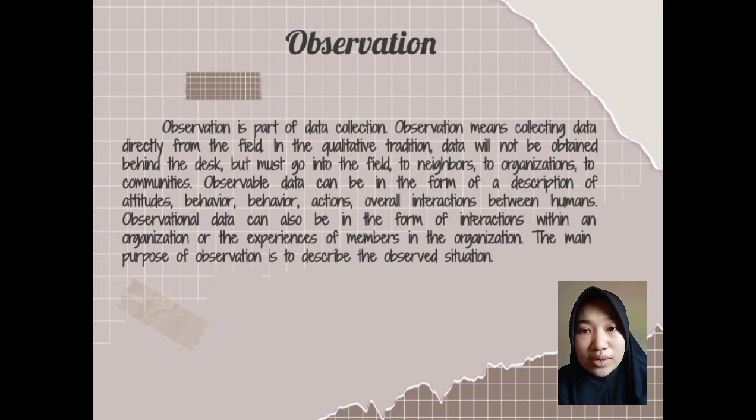Observable data can be in the form of a description of attitudes, behavior, actions, and overall interactions between humans. Observational data can also be in the form of interactions within an organization or the experience of members in the organization. The main purpose of observation is to describe the observed situation.